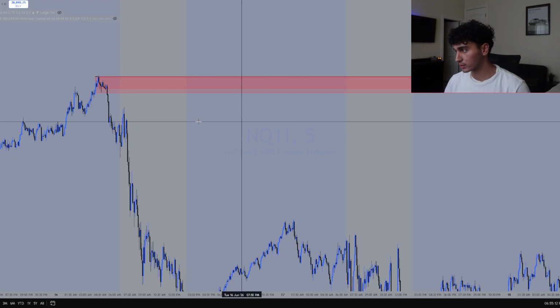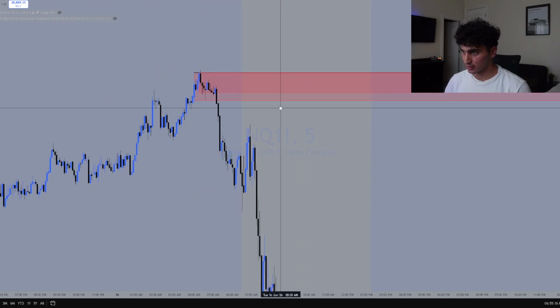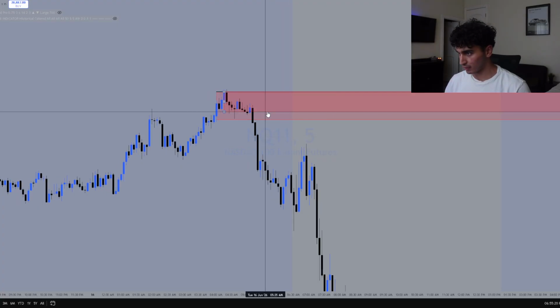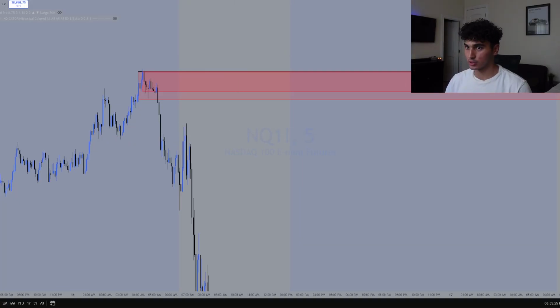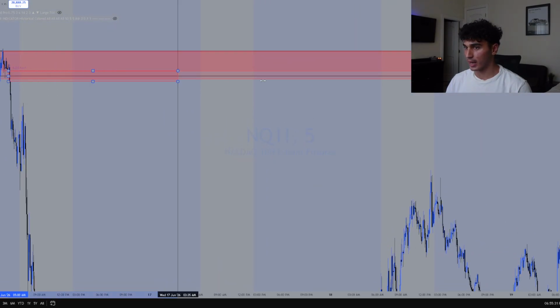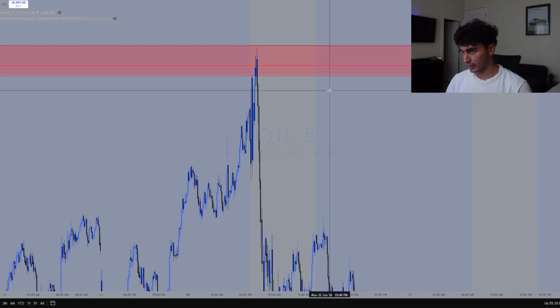So, for example, right here, if I were to zoom in, we can see that within this supply zone we actually have a bearish gap that is created on the 5-minute. So let's go ahead and mark out that bearish gap, which is inside of our supply zone. Extend that all the way out. Now we have our bearish gap, right?